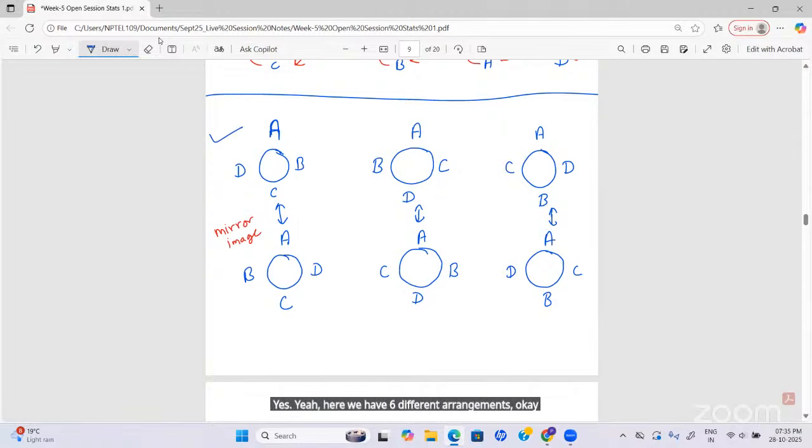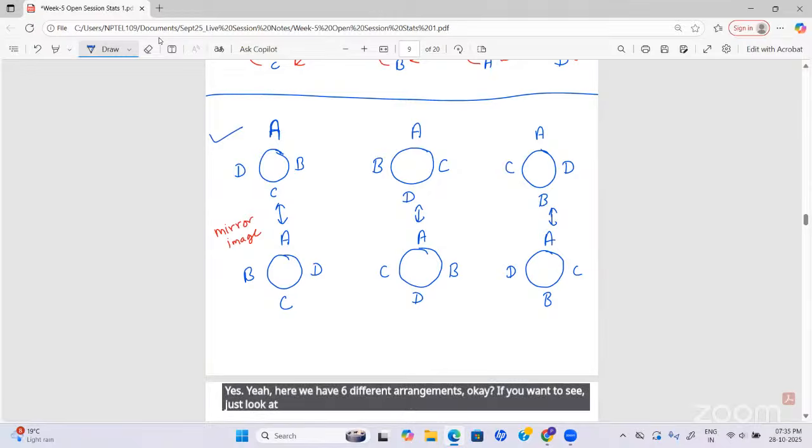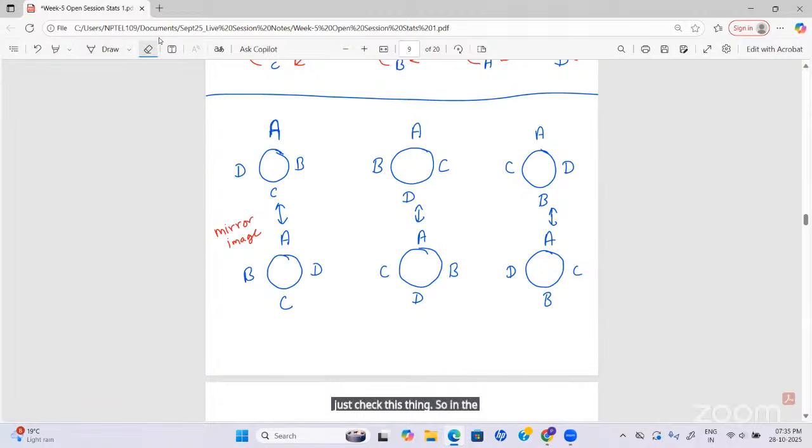If you want to see, just look at these figures. In the first figure, next to A we have B and D. In this figure, we have B and C. In this figure, we have C and D. So all these 3 arrangements are different.